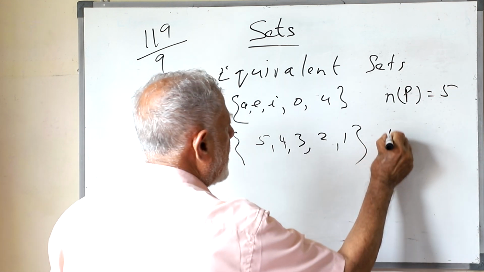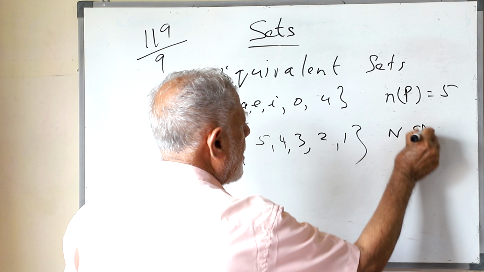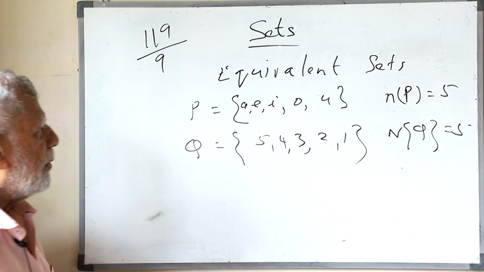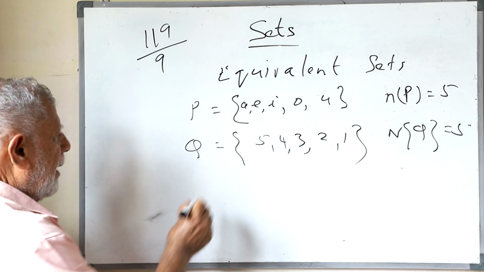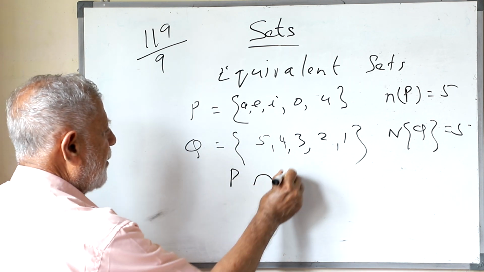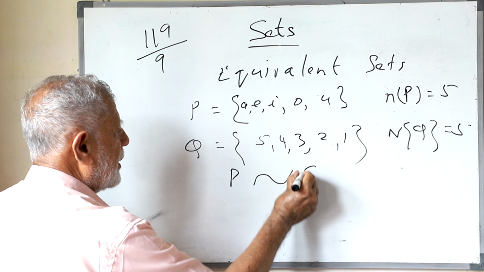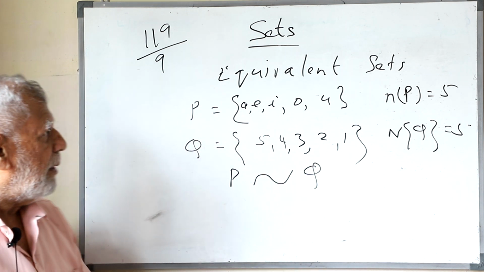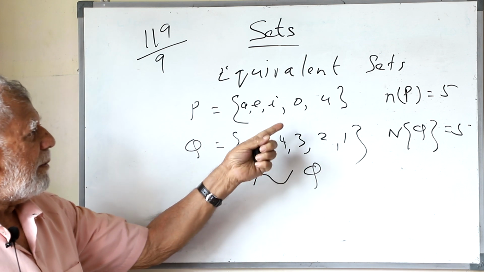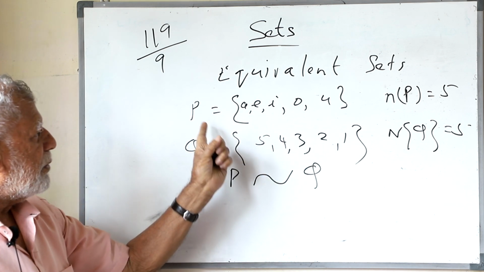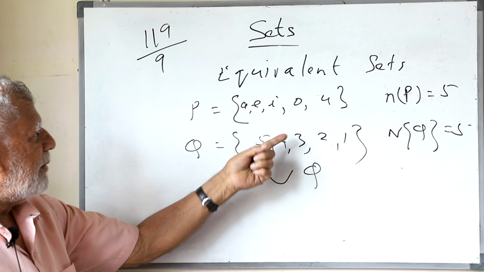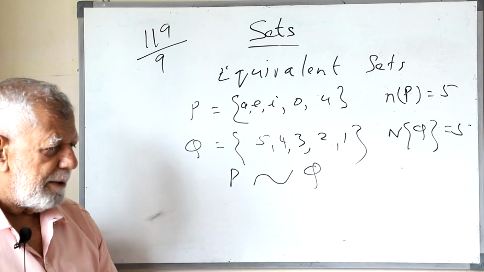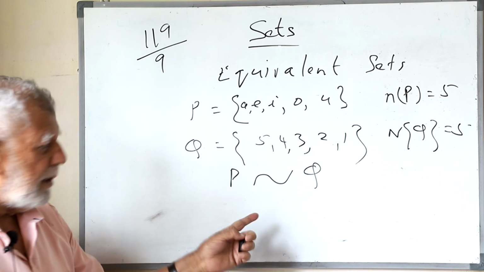Here n(Q) is equal to 5. So the number of elements is equal in both P and Q. So we say P is equivalent to Q. This is the sign for equivalent. When two sets have the same number of elements, we say those two sets are equivalent.